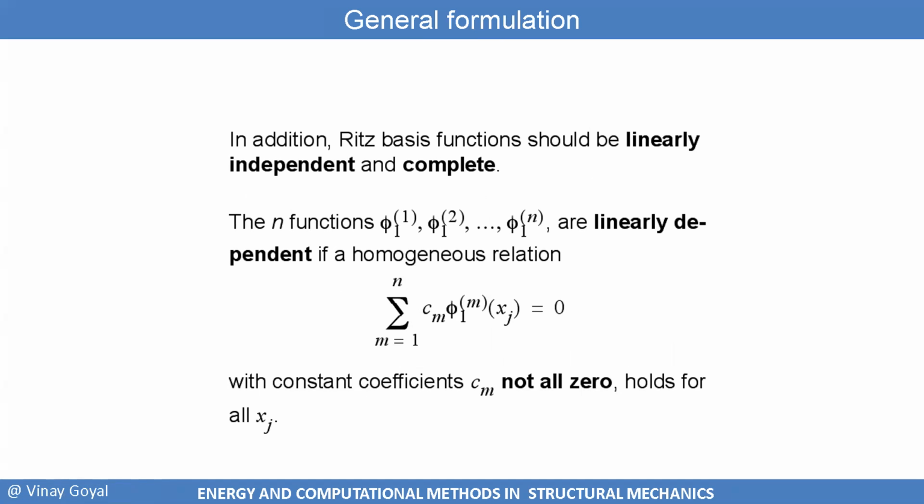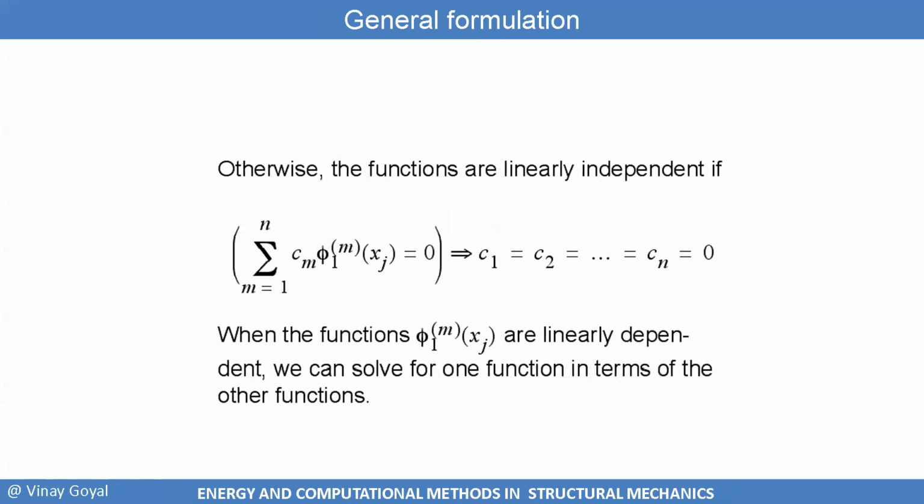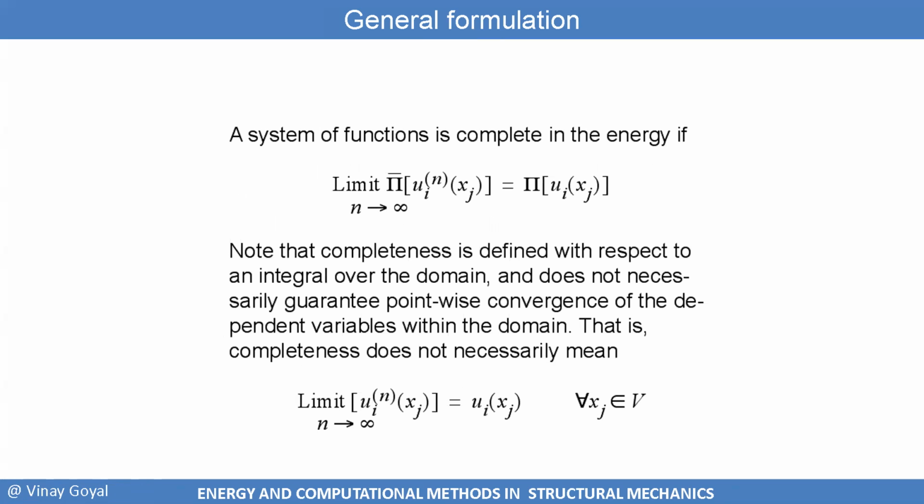And you also have to make sure that the phis that you select are linearly independent so that you have a solution that's complete. You also want to make sure that you have a complete set of polynomials or sine functions, whatever you use, because if they're not, then you won't be able to reach convergence.